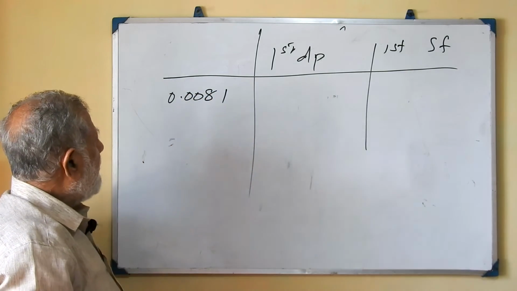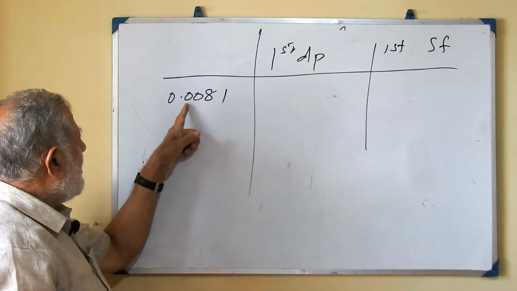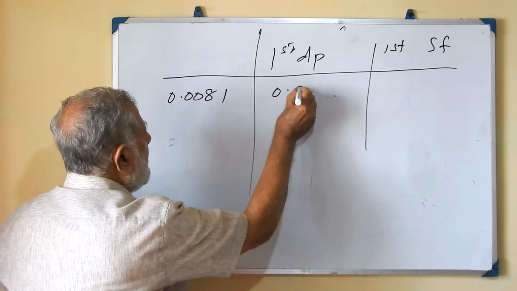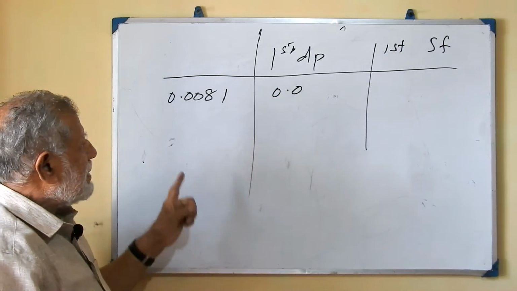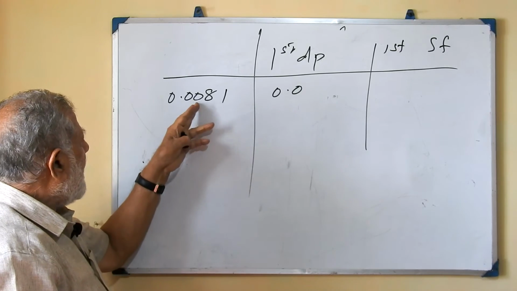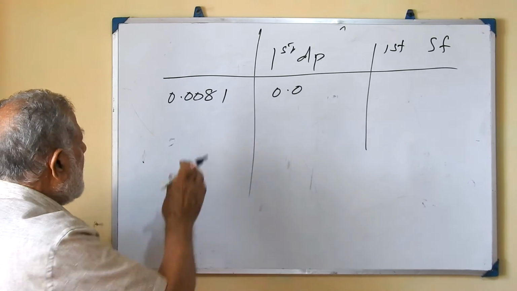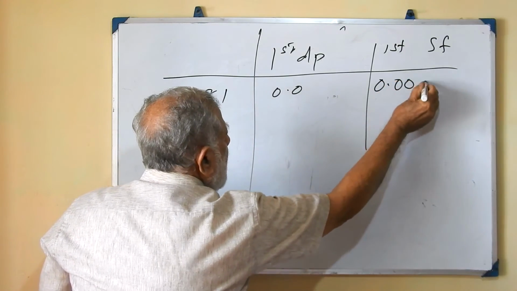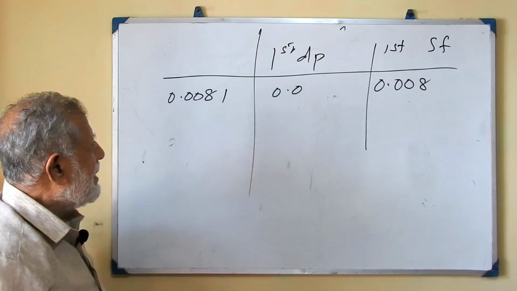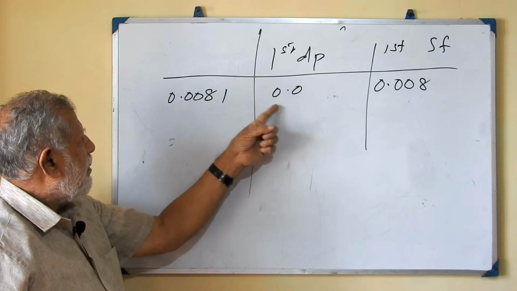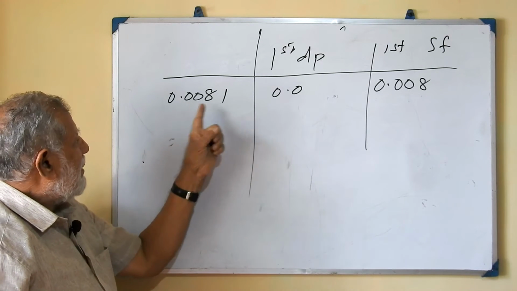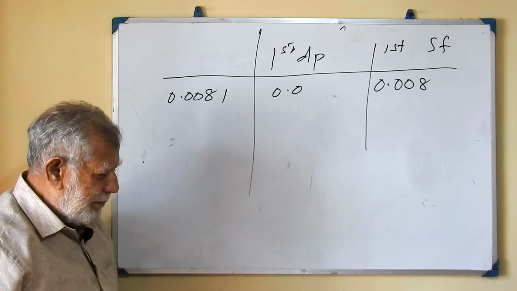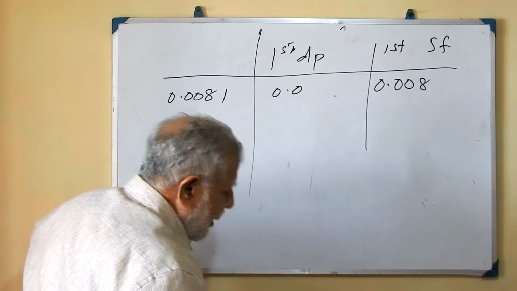The first decimal place here: the next number is 0, so we write this as 0.0. What will be the first significant figure? We can't take the zeros, so the answer is 8. So it will be 0.008. Look at the difference. The first decimal place is 0.0, but the first significant figure is 0.008.